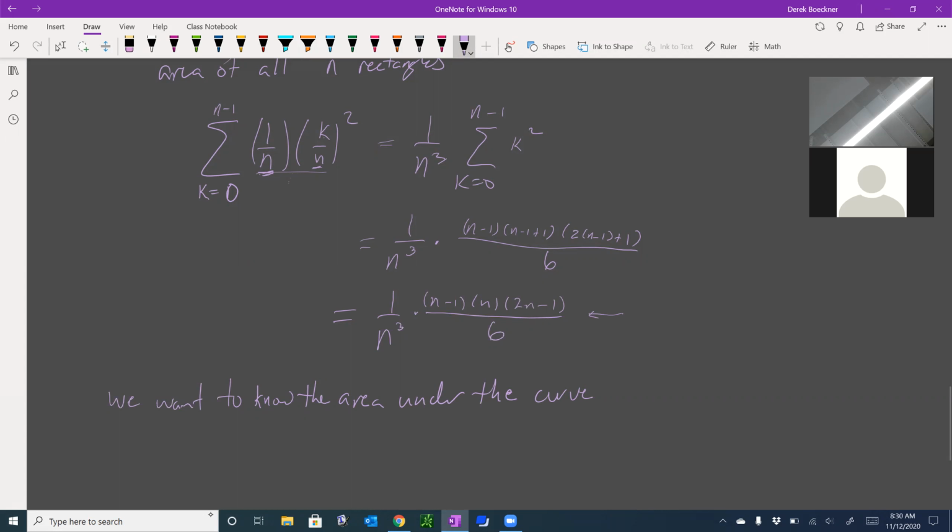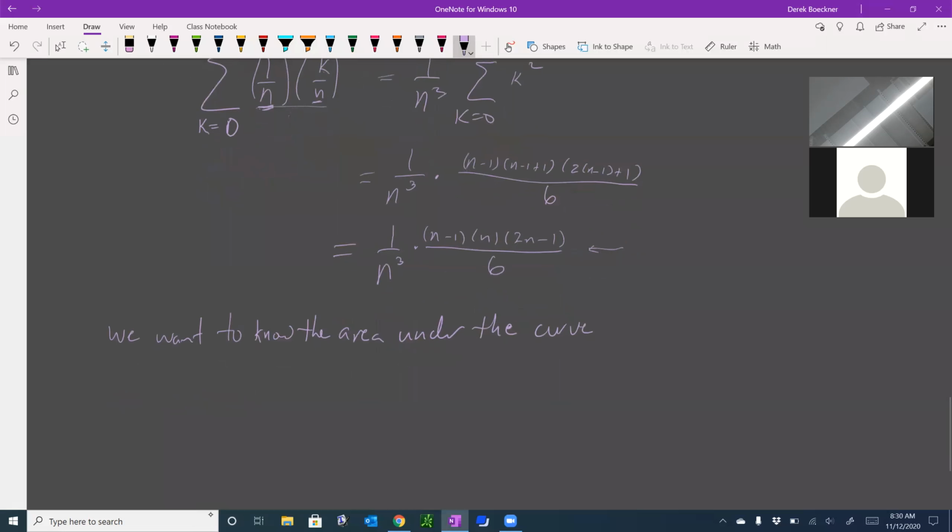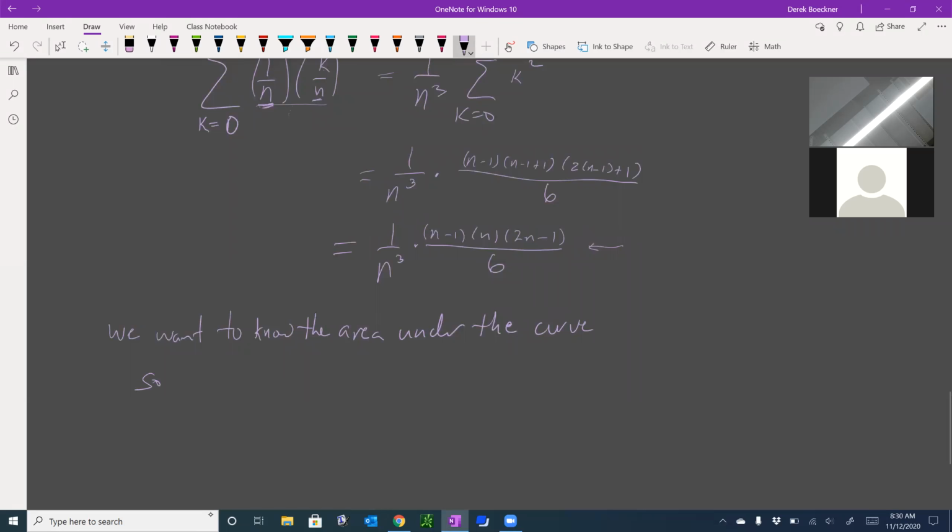If it comes to a limit, we'll say that that limit is the actual area. So we get better approximations as n goes to infinity. We'll take a limit to get the actual area.